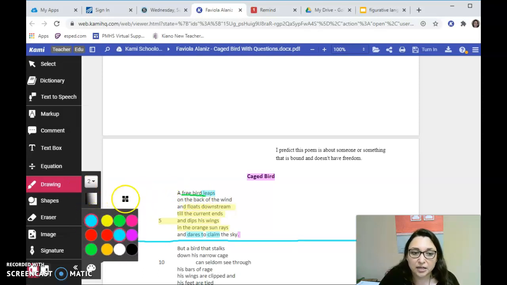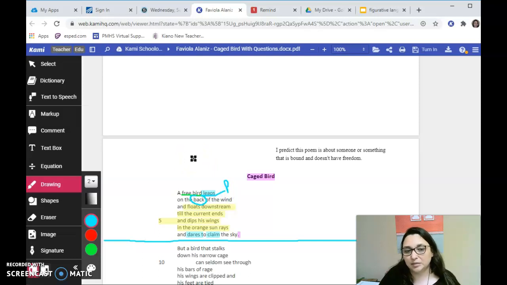So I'm going to go ahead and grab my drawing tool and circle that and make a note. Personification, right? The wind has a back. He can ride it like a horse or something that's alive. Okay? Like a person.